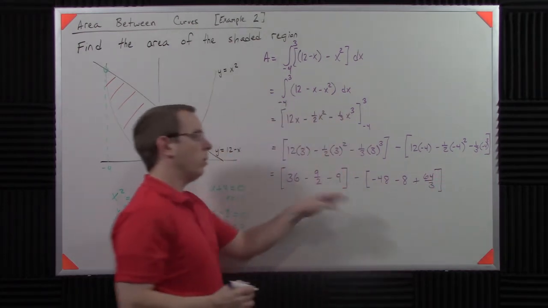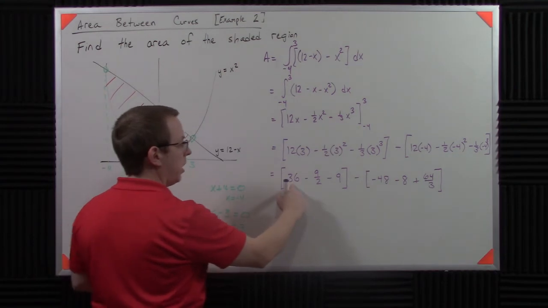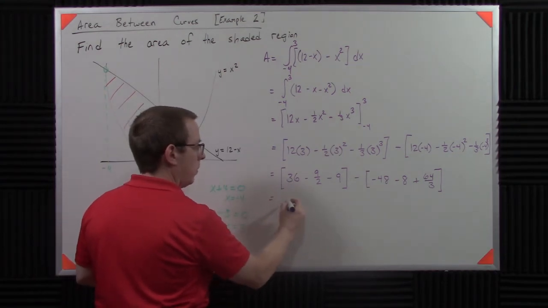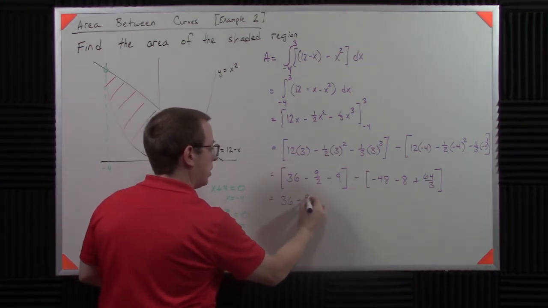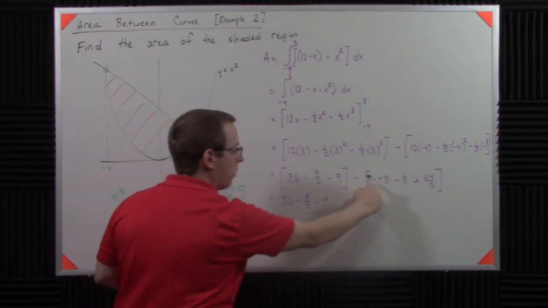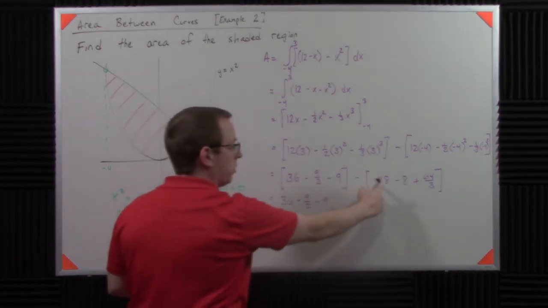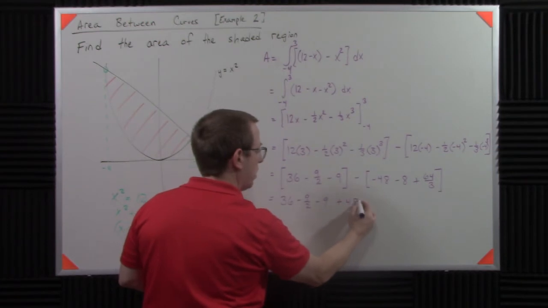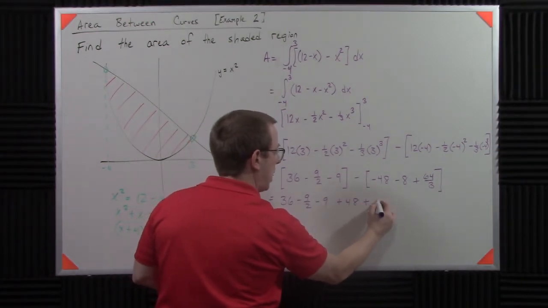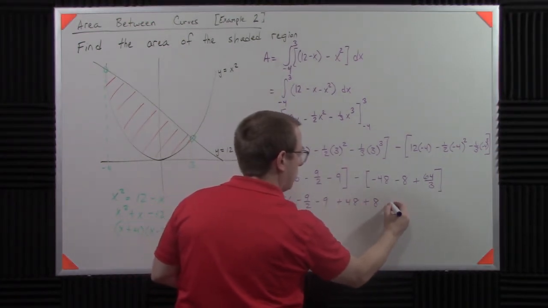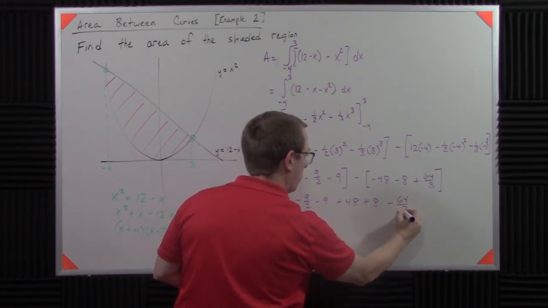All right, now we're going to go one more step. We're going to say 36 minus 9 halves minus 9. Now we need to distribute the negative to each term, so that's plus 48 plus 8 minus 64 over 3.